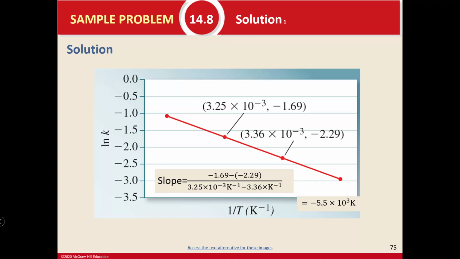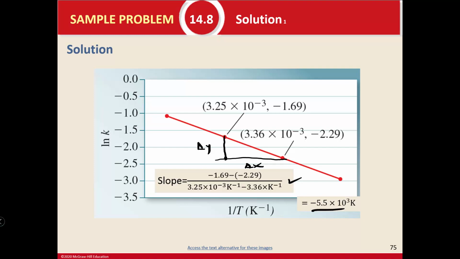Once you get the line, you can take 2 points on it, and that's what they do here. They go from here to here, and they get the rise over the run, the change in y over the change in x, for the slope. When they solve for the slope, they get that value there.